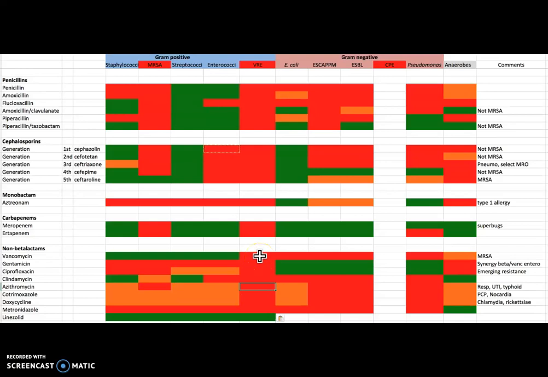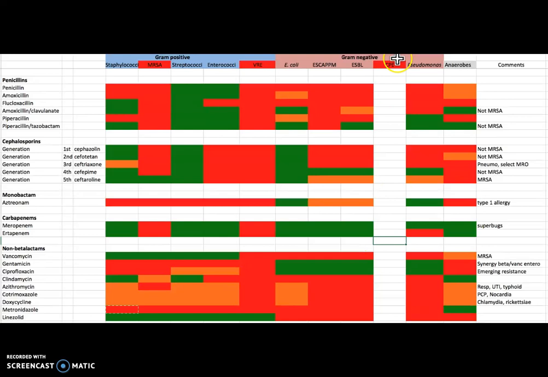And you can see we really don't have a lot of antibiotics for VREs. In fact, we have linezolid plus some unusual antibiotics that are rarely used. So having a lot of VRE is a substantial problem. Linezolid doesn't have any gram-negative or anaerobic action.